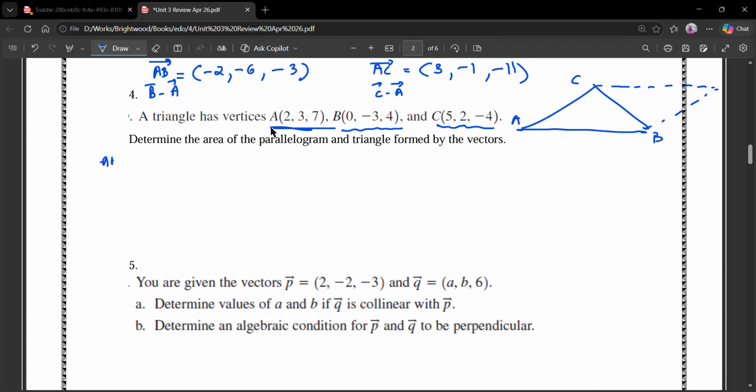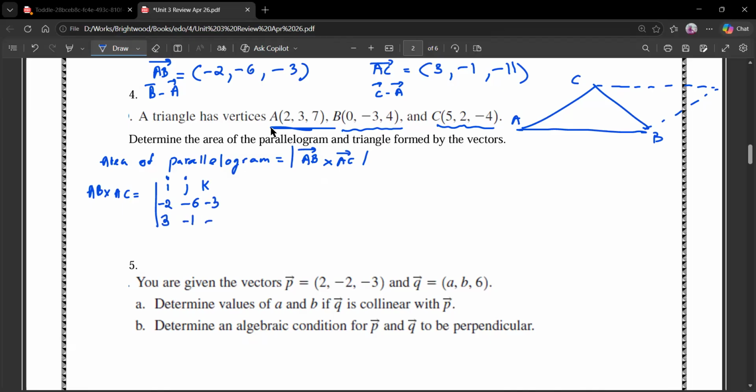So the area of the parallelogram can be considered as AB cross AC. With I, J and K, AB is negative 2, negative 6 and negative 3, and the other one is 3, negative 1 and negative 11.